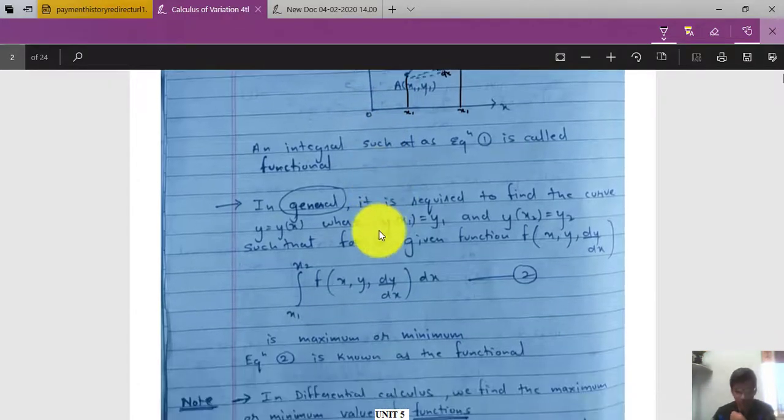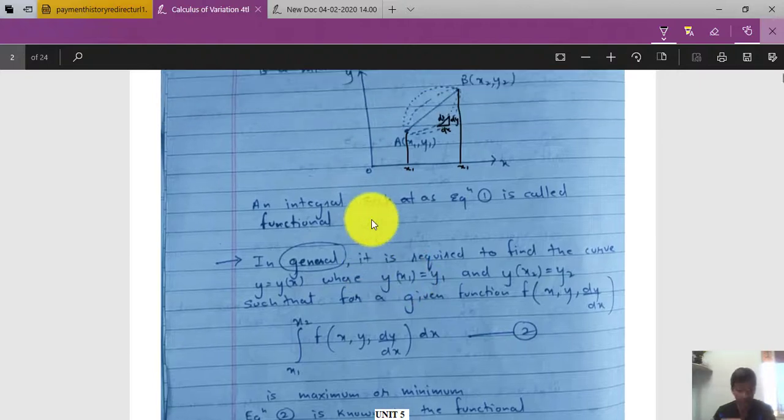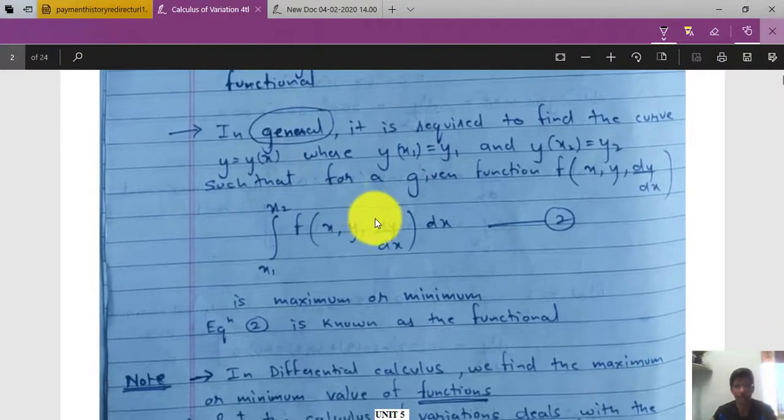Fine. So in general, here comes the definition of functional.